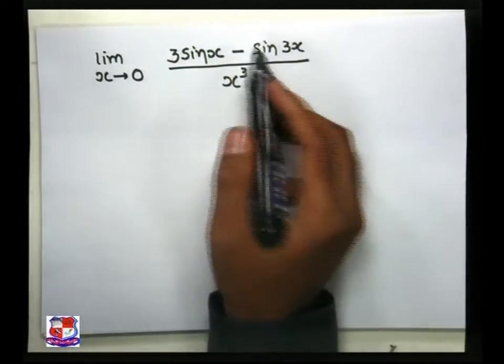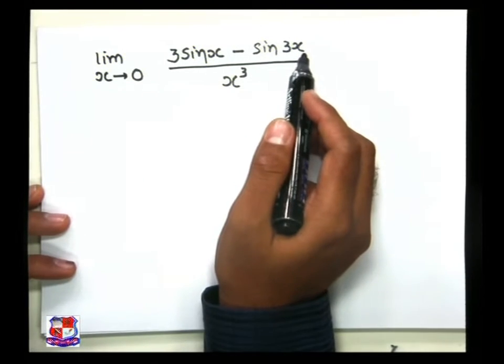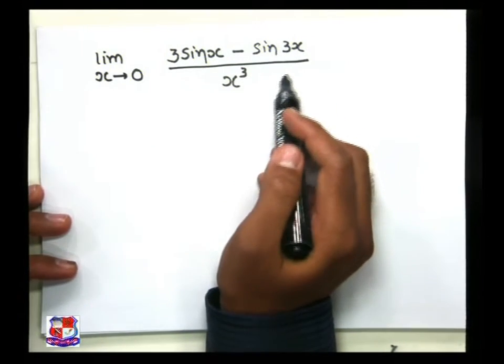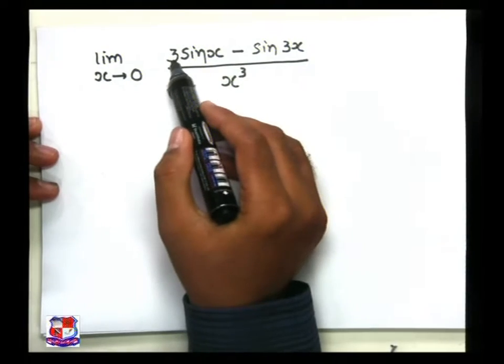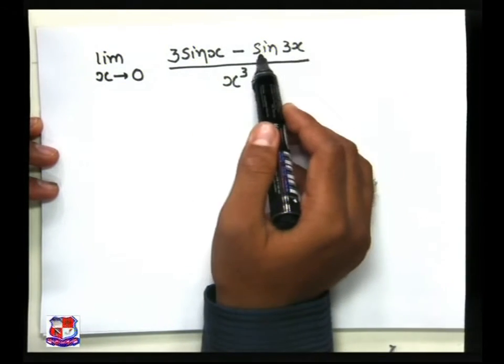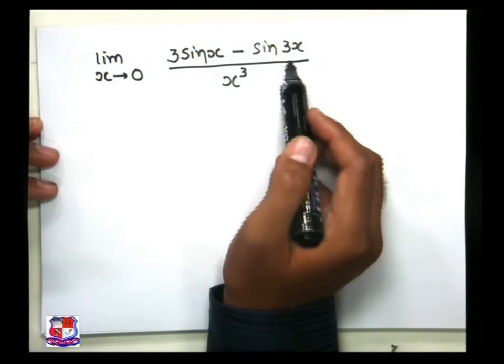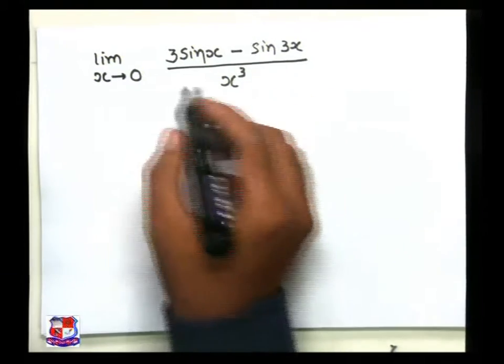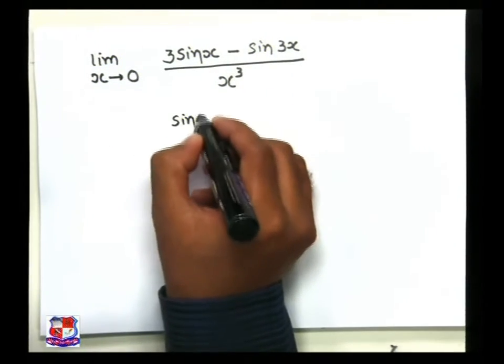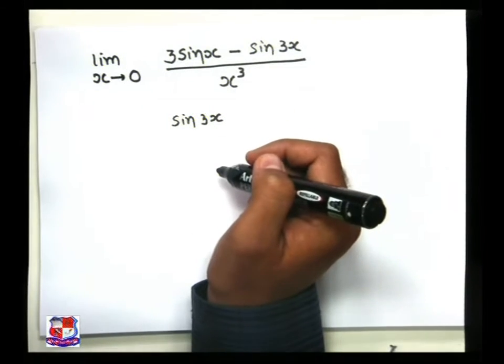So if we remember the sin 3 theta value, then we can place it here, 3 sin x and here sin 3x. So our next step is to expand sin 3 theta. Here theta is present, we call it x.